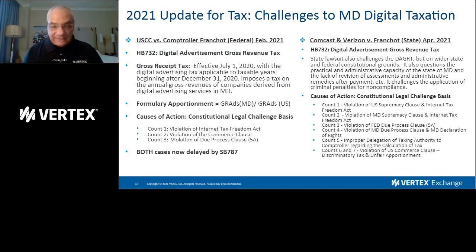Also, the Due Process Clause, federal, and the Due Process Clause, Maryland. But please listen carefully when it comes to the violation of the Commerce Clause: discriminatory tax and unfair apportionment, which is what we've been discussing. So I hope you have time to look at this, and then if you can, try to keep up.